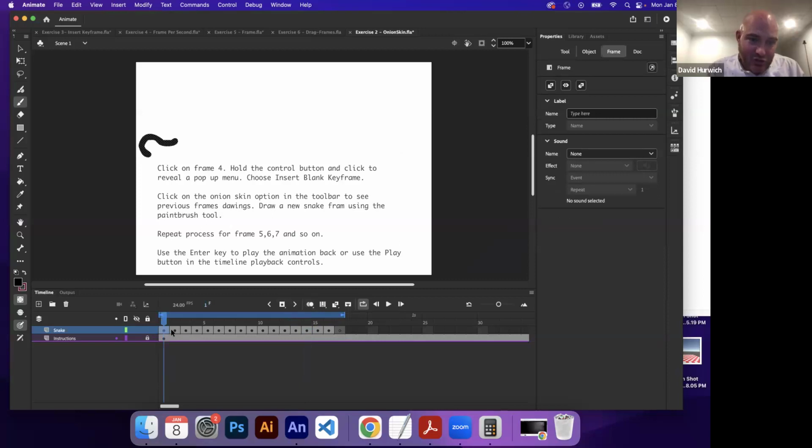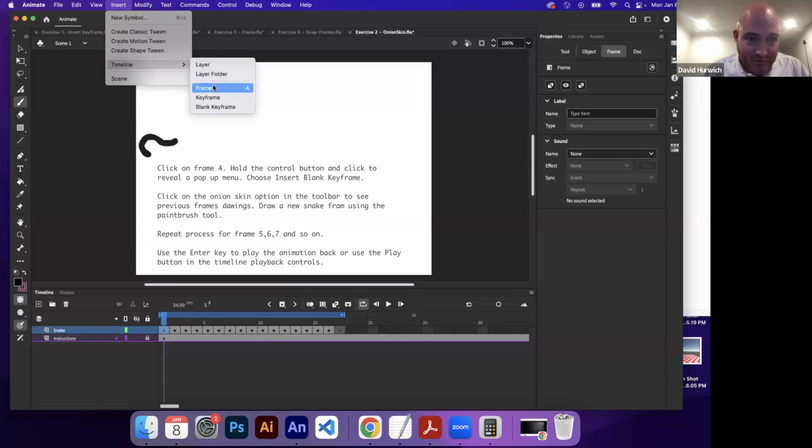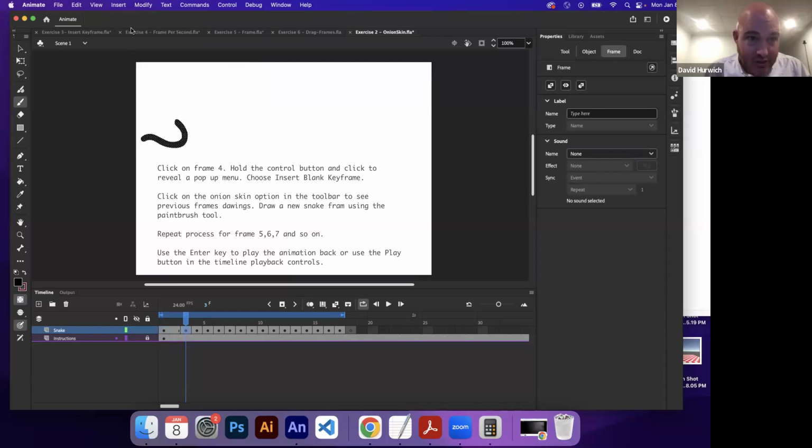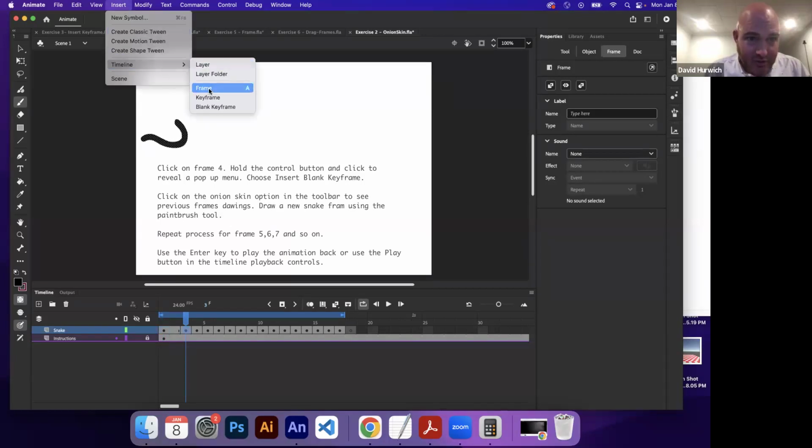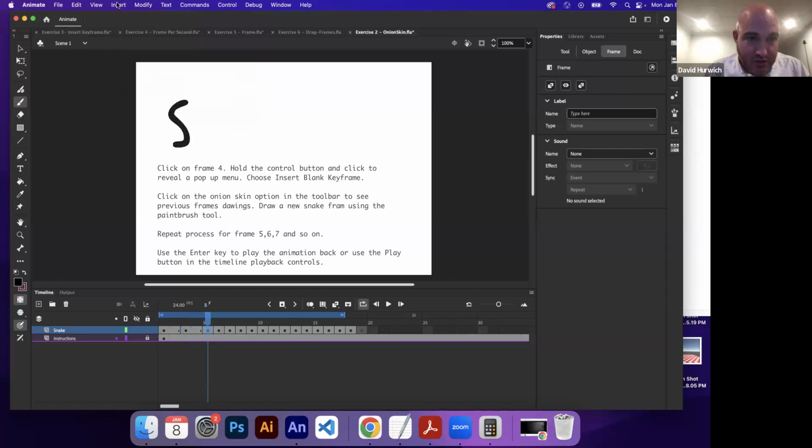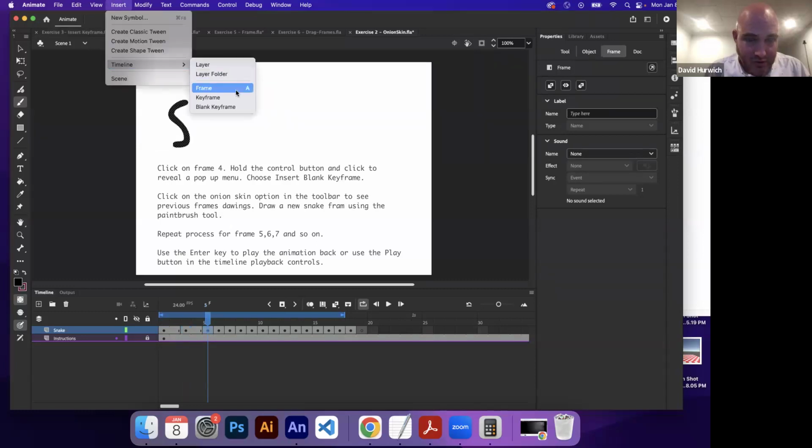But another way to do this, since that's kind of a pain and a lot of work, is I could take every drawing that I've done and have it last for 2 frames rather than 1 frame. So I'm going to use my insert timeline frame, insert timeline frame, insert timeline frame.